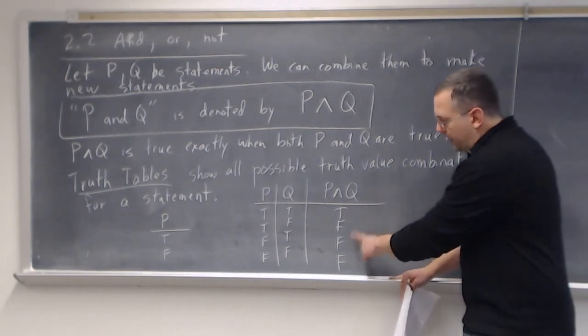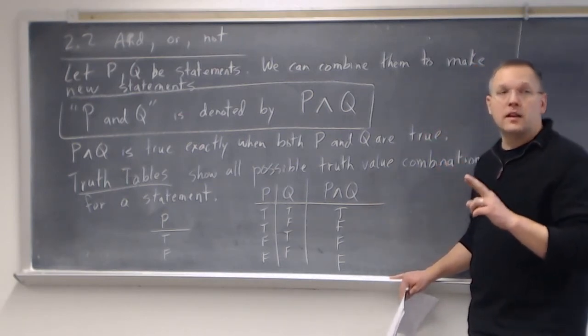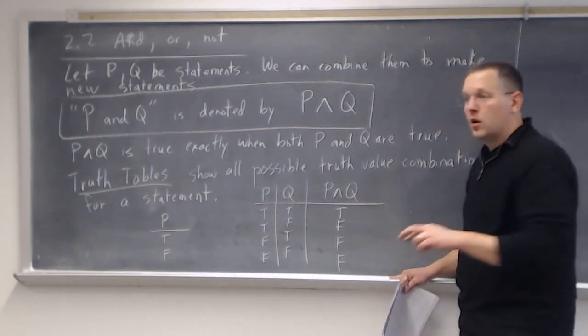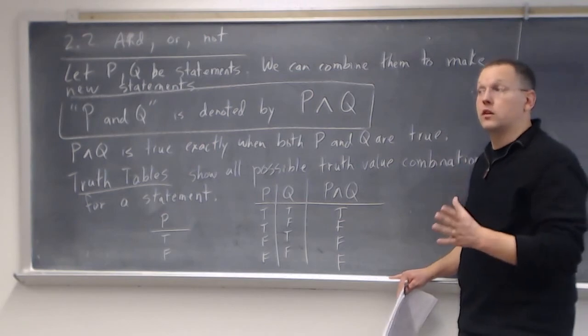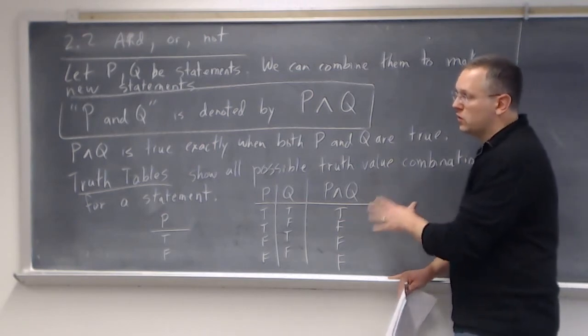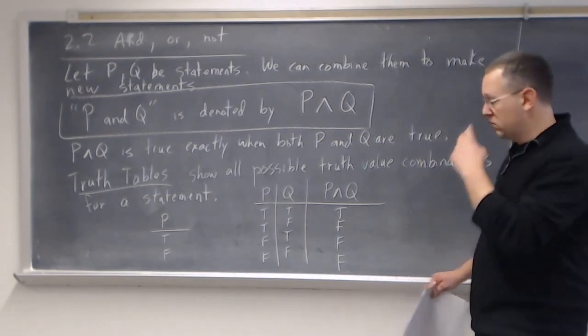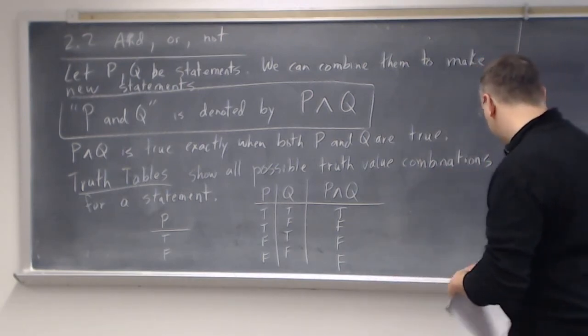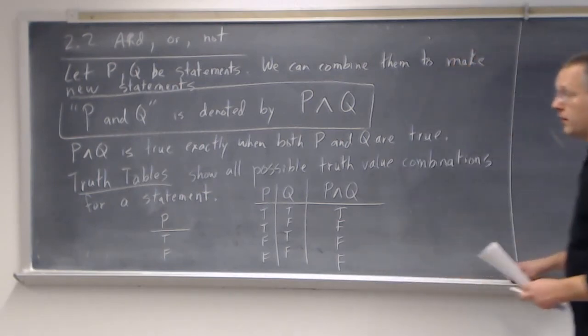We're going to look at the truth tables for two statements. If their truth tables are the same, we'll agree that those statements mean the exact same thing. They're equivalent. So we will use truth tables to prove that two statements mean the same thing. Any questions so far? Okay, we're going to do the same thing.